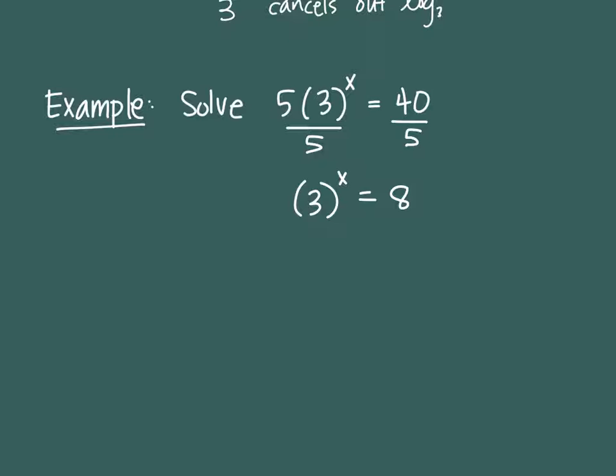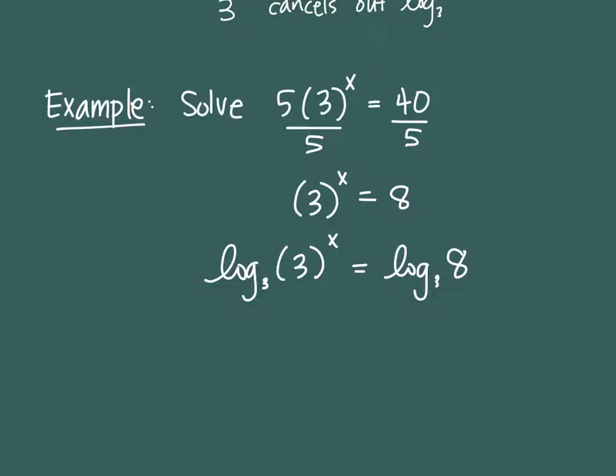Okay, 5 was connected to 3 with multiplication, so we had to break that with division. 3 is connected to x by a power, so the only way we can break that is with a log. So we need to use the log of little base 3 with the big 3 to the x. But if I do it on one side, I have to do it to the other. So log little base 3 of 8.